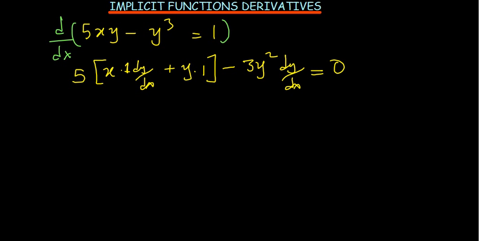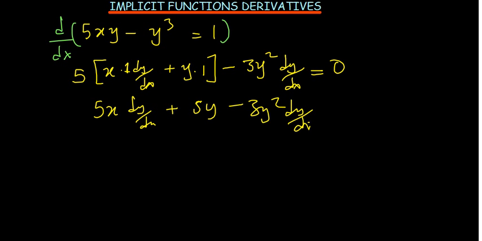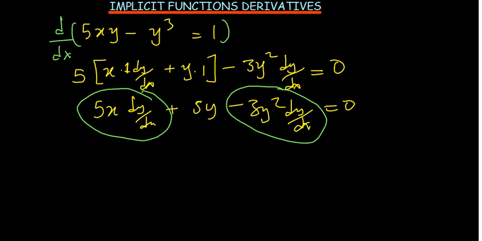This will give us 5x dy over dx plus 5 times y, that is 5y, minus 3y squared dy over dx, and that is equal to 0. At this point, this one has dy over dx and this one has dy over dx. I'm going to put them together and factorize out dy over dx.